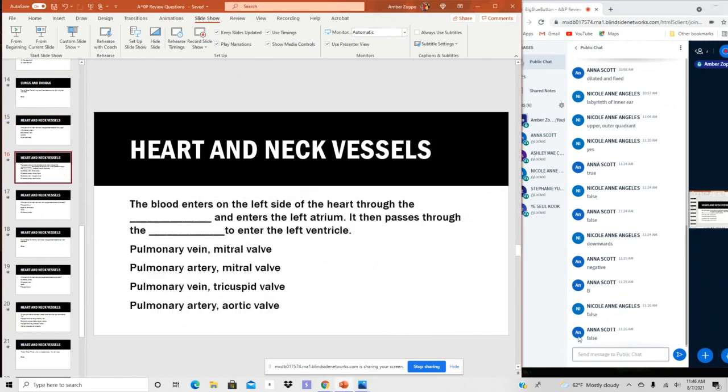Blood enters on the left side of the heart through the blank and enters the left atrium.